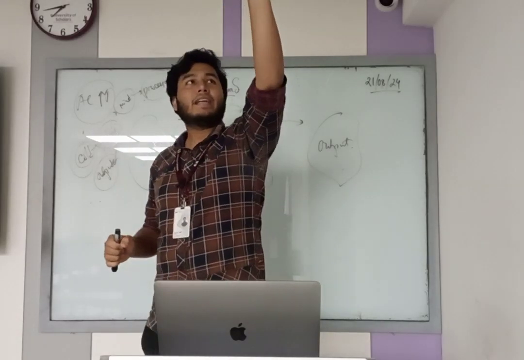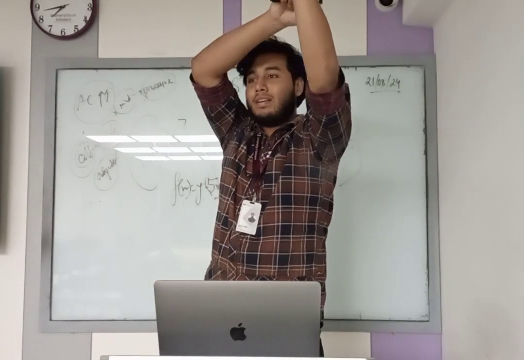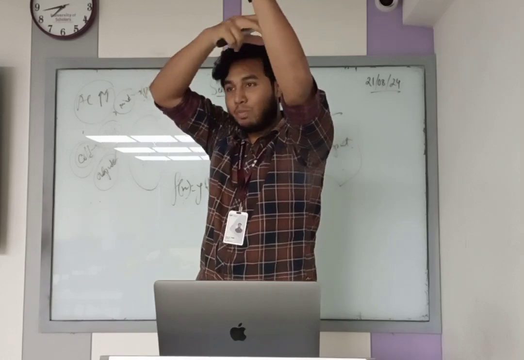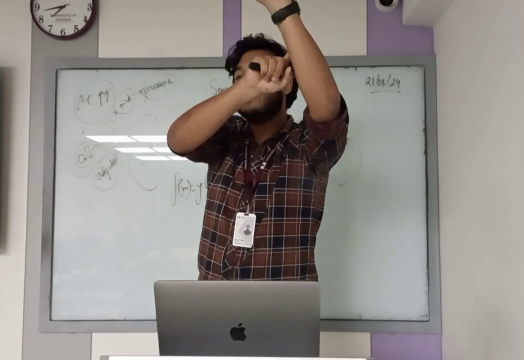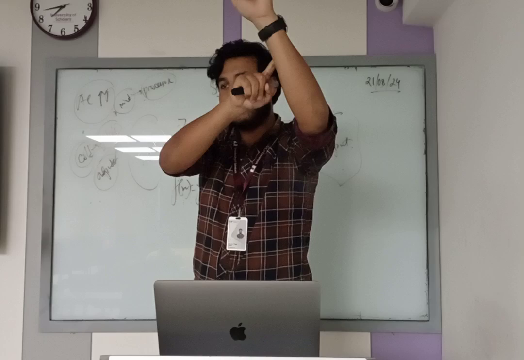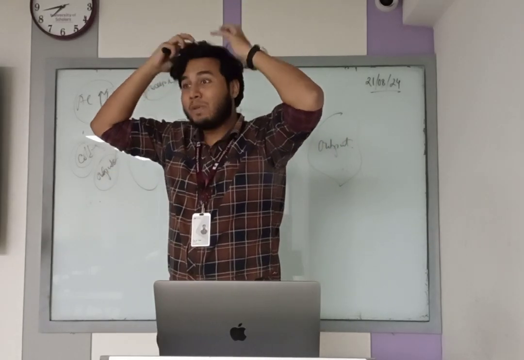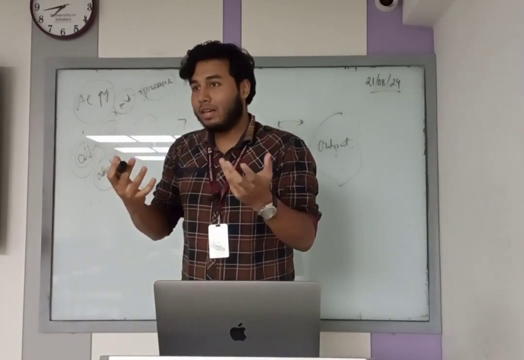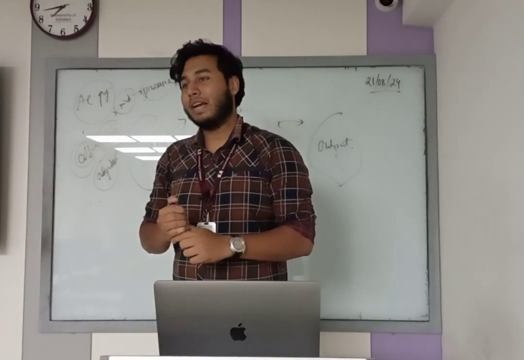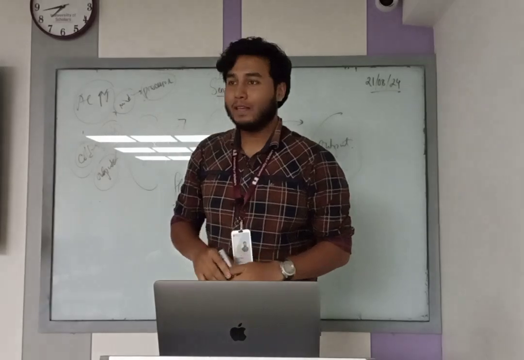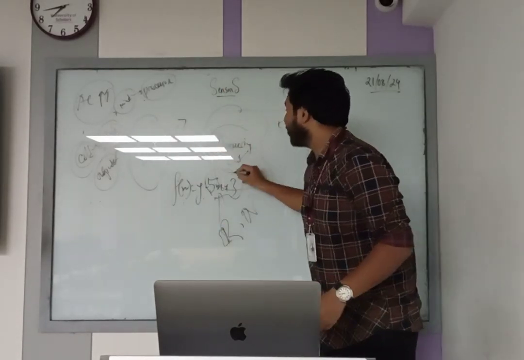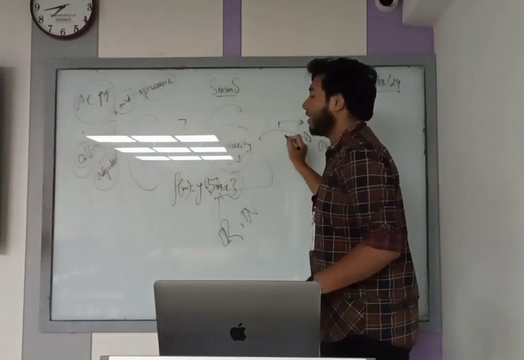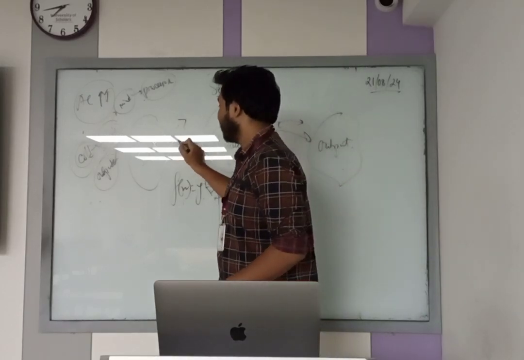Like if I raise my hand, the cold air is trying to pass through my hand, and I can feel that there's something there. If my brain is not working, I can never feel that cold. So everything has a processing unit, everything has its output, and everything has its input.